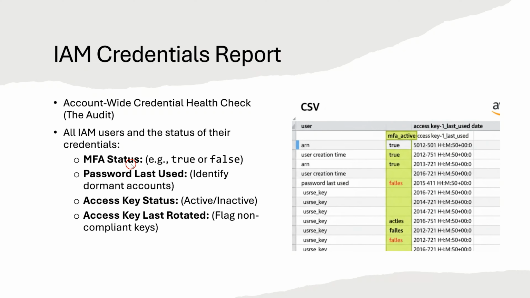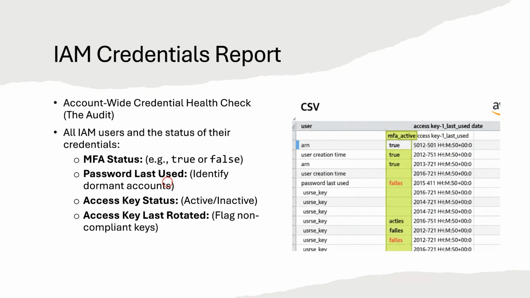And what it tells you, it details the status of various credentials, including MFA status. Is multi-factor authentication enabled for a user? This is a huge security flag if it is false. Second, password status. When was the password last used or rotated?